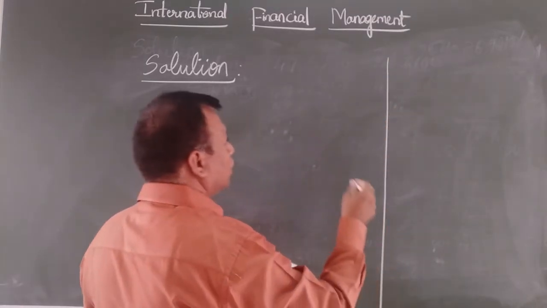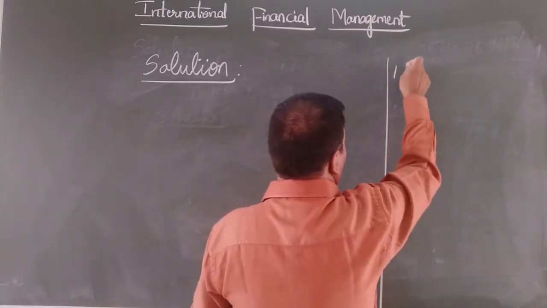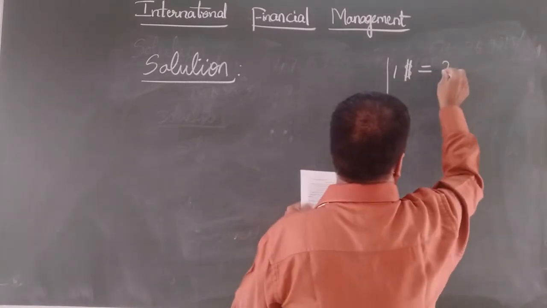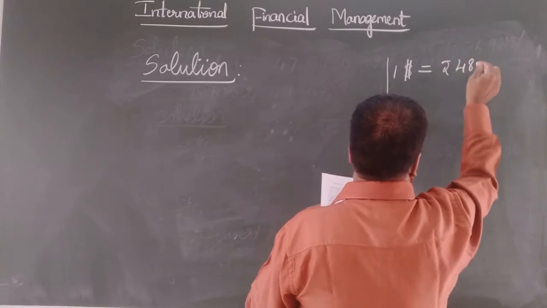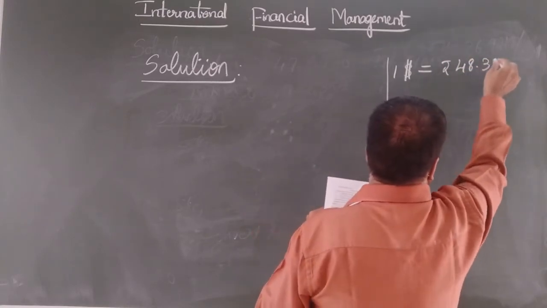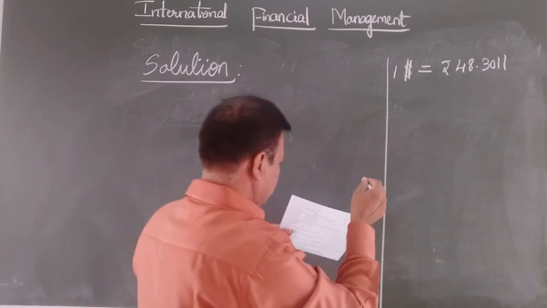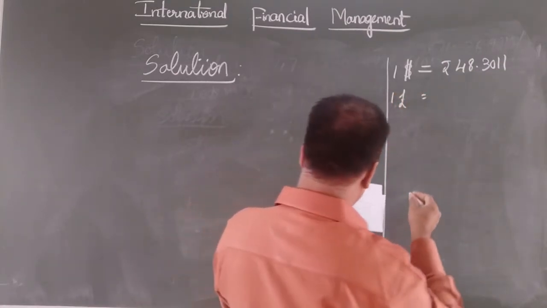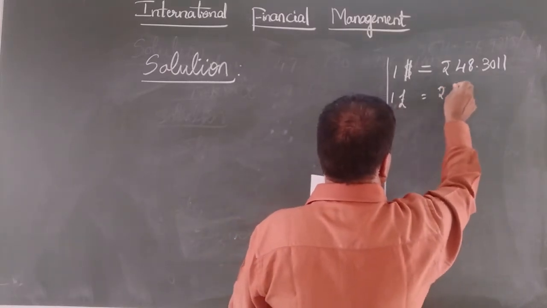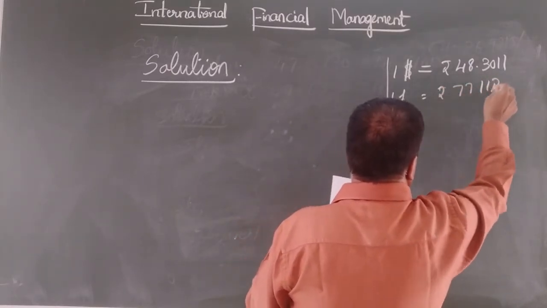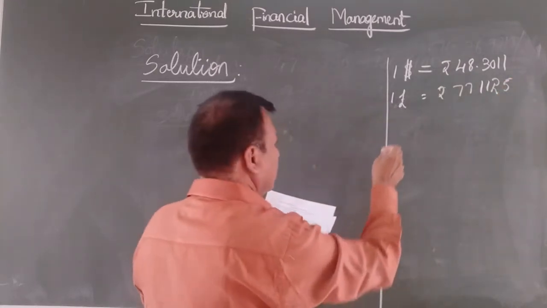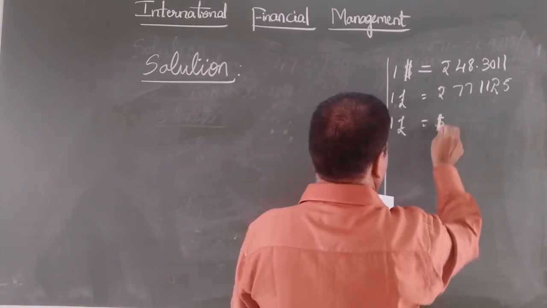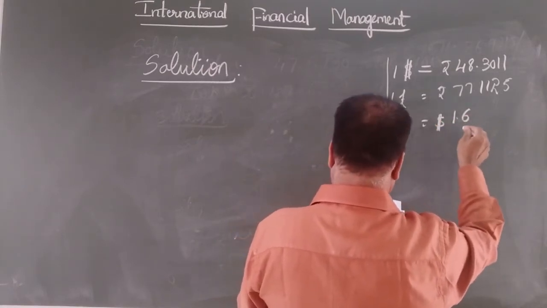To know that, we'll write the given quotes on one side: $1 is equal to rupees 48.3011, £1 is equal to rupees 77.1125, and lastly £1 is equal to $1.6321.